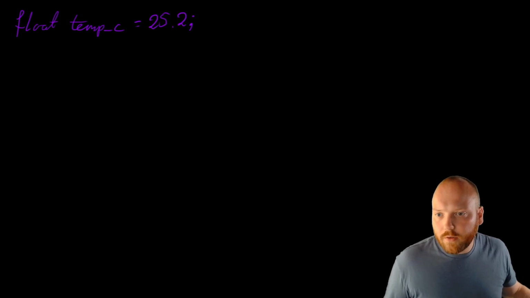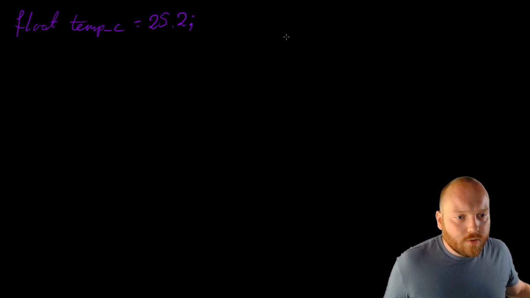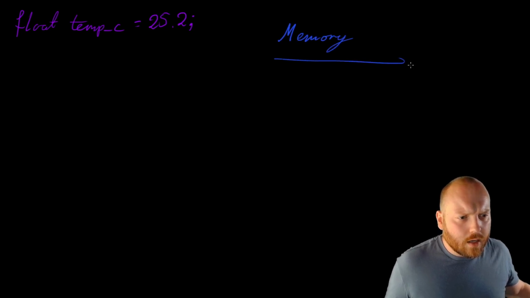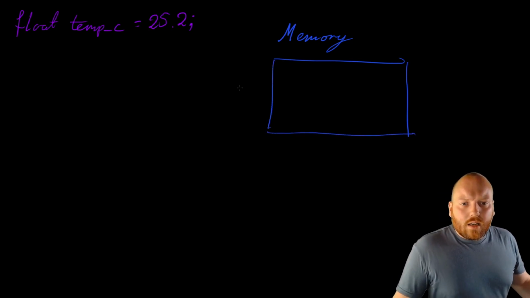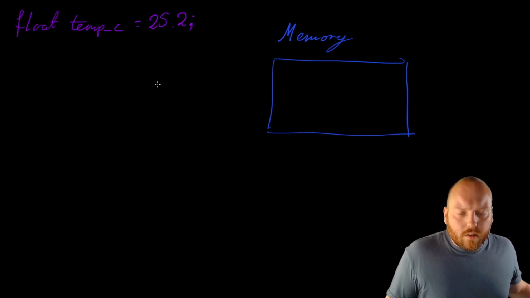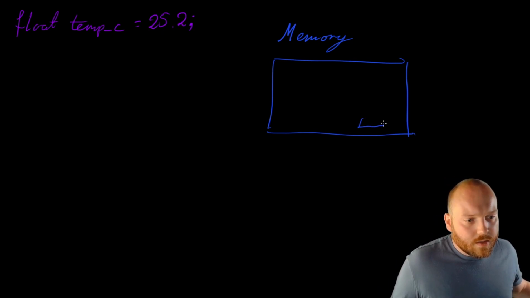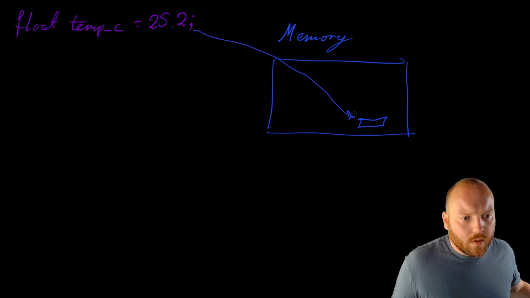So let's pick a different color here. For simplicity's sake, let's just write memory here, and let that be like a big black, or in this case, blue box. Now this value here needs to be stored in memory somewhere. So let's just say that it's stored down here.